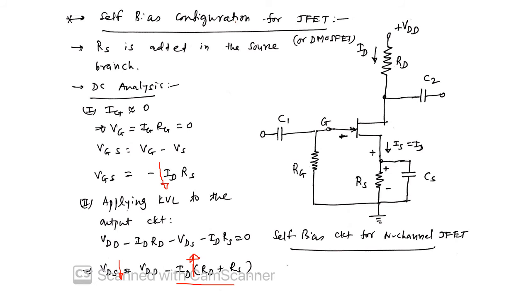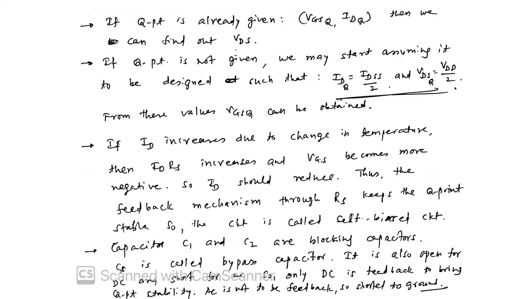When IDRS increases, VGS reduces, and when the gate control voltage is reduced, what happens to ID? ID will be reduced again. When the control voltage is reduced, ID will be reduced, and when ID is reduced, that gets balanced. So in the next step, VGS is reduced. So overall like this.